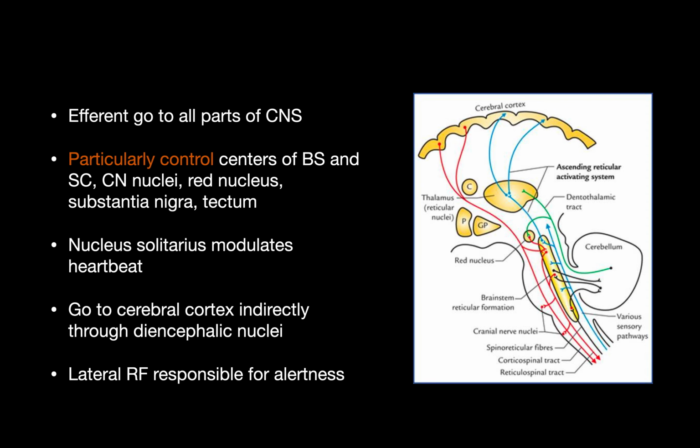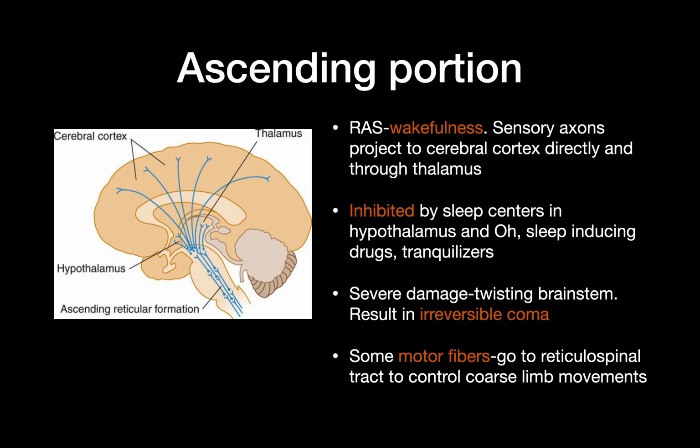One of the centers, the nucleus solitarius, is going to modulate the heartbeat, and all of these tracts will go indirectly to the cerebral cortex through the diencephalic nuclei. The lateral reticular formation is going to be responsible for the alertness. And the ascending portion of the reticular activating system is going to be responsible for wakefulness.